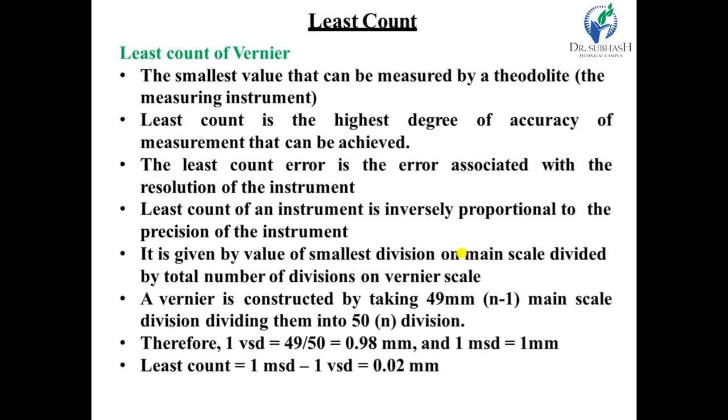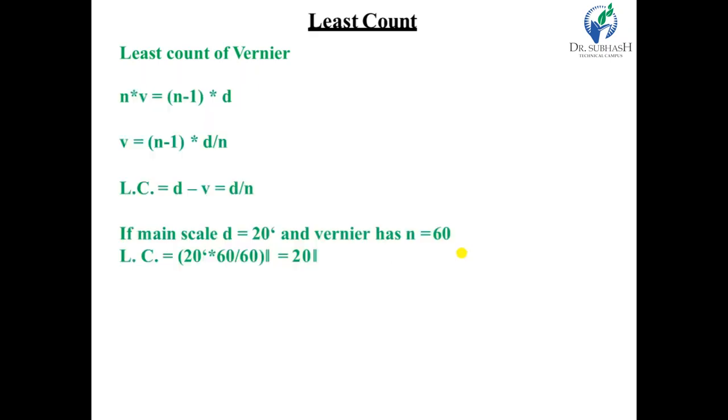So least count is equal to 1 MSD minus 1 VSD: 1 main scale division minus 1 vernier scale division. So 1 vernier scale division is 0.98, and 1 minus 0.98 is equal to 0.02 mm. So least count is 0.02 mm.